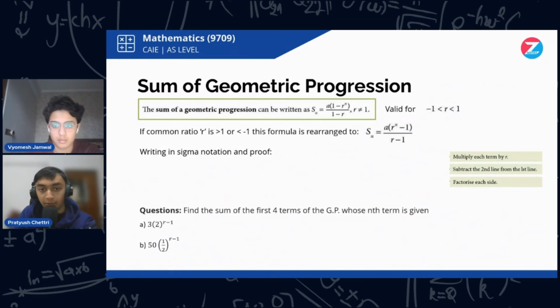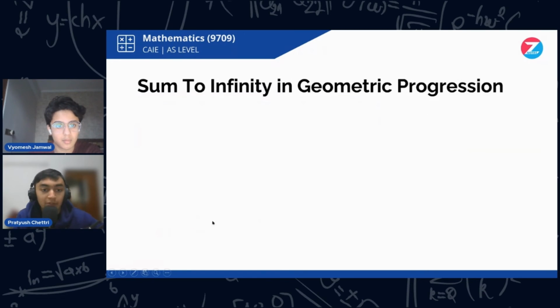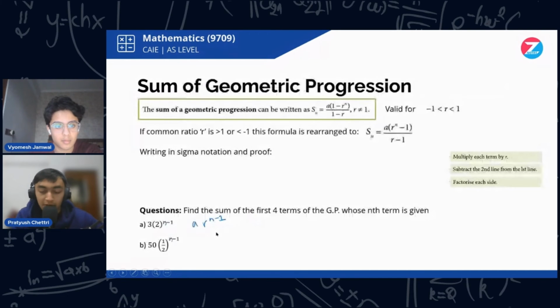Now let's move on to some questions. How to use this formula? Well, we're given here in a nice form, 8 times r to the power n. That should be r to the power n minus 1 form. Wait, go back. We just need to find the GP sum, right?